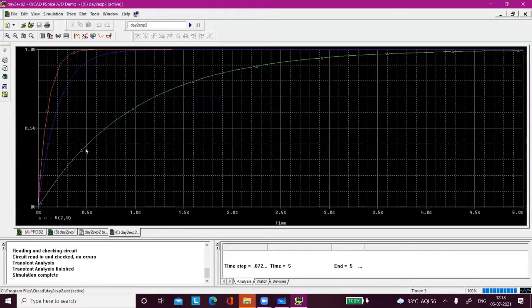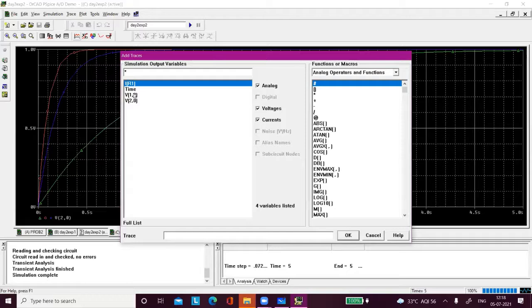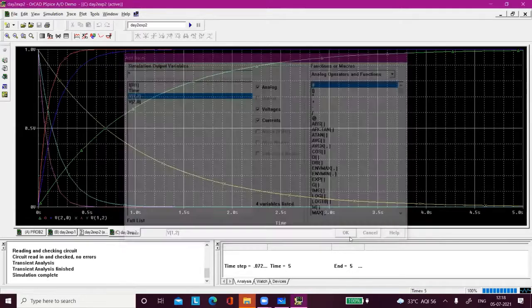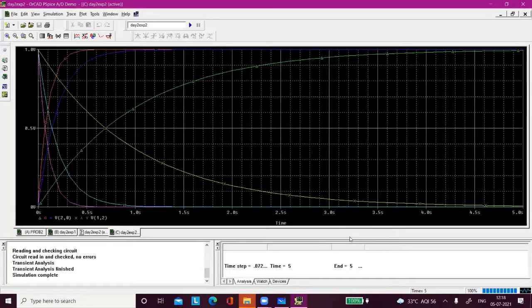So this is 0.5, approximately 1 second. The blue one reaches the steady state, and the green one reaches the steady state. Or you can also use VC, and this one is the voltage across the resistance. V12 is the voltage across the resistance, for different values of resistance. As the time constant changes, the response also changes.